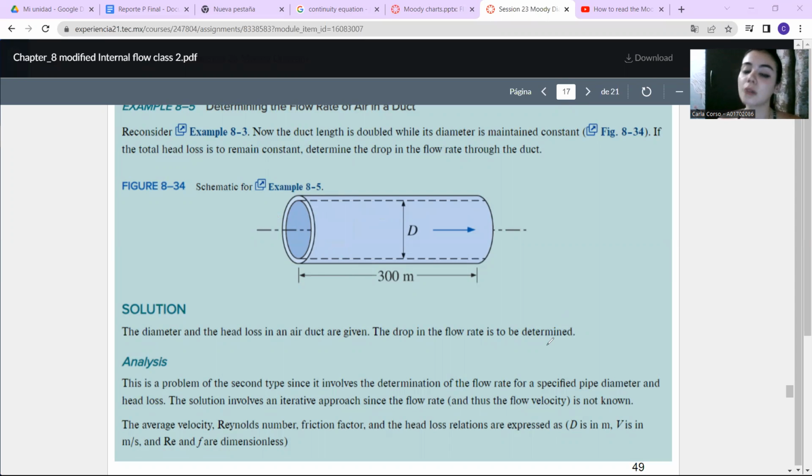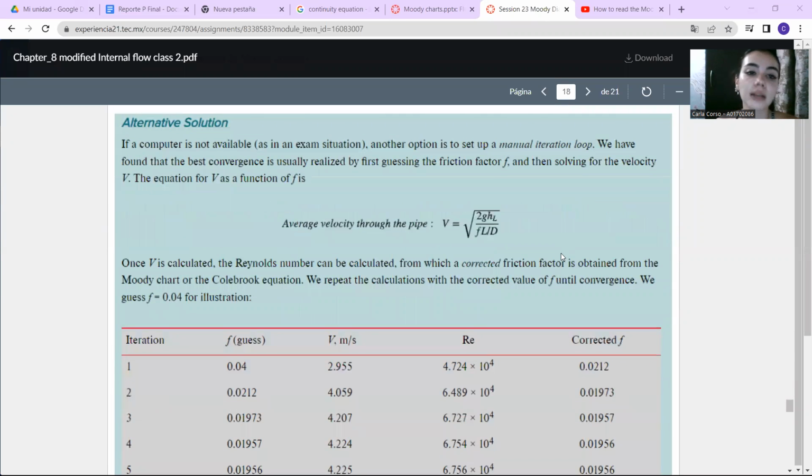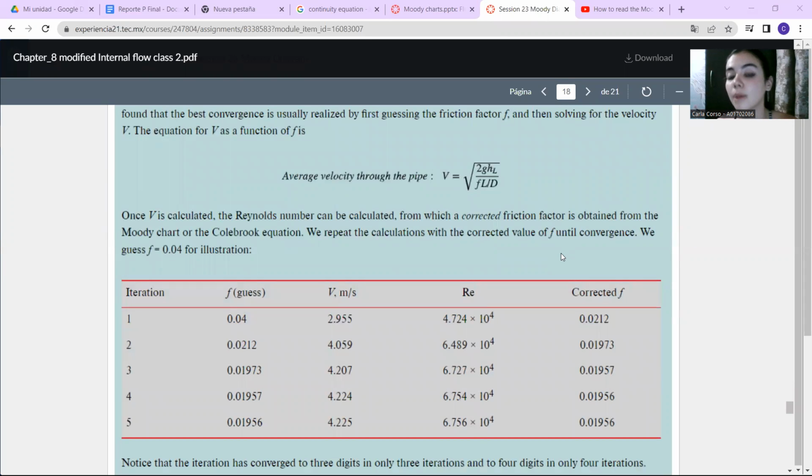But we can also obtain the Reynolds number with some iterations, first calculating the average velocity through the pipe. We are going to establish a guess of a friction factor, which for this example we use 0.04. This is the average velocity through the pipe formula, and here is the letter that stands for the friction factor.